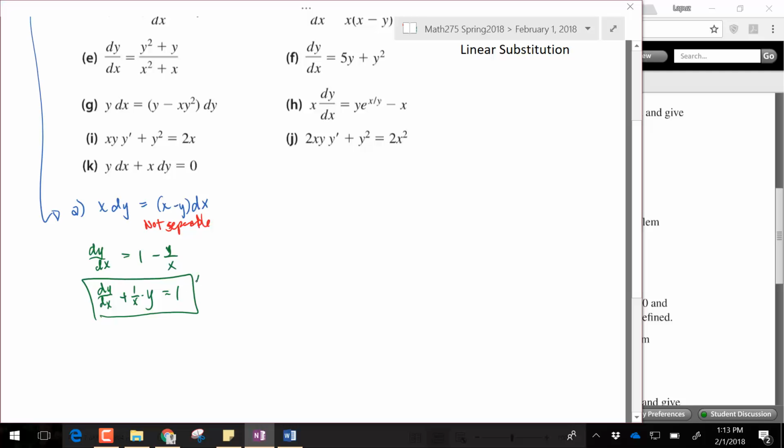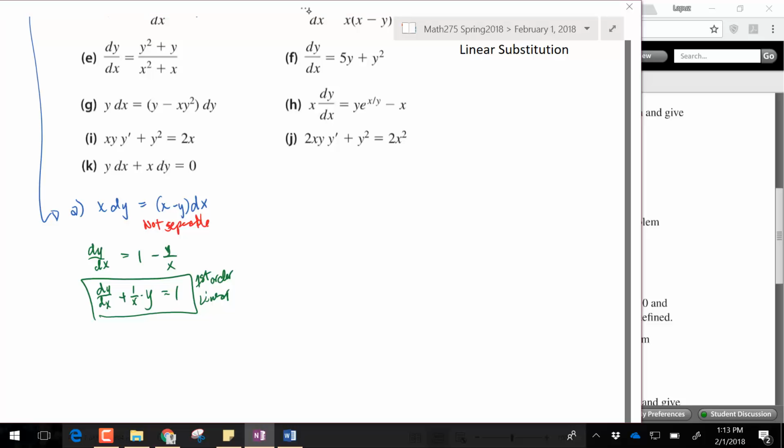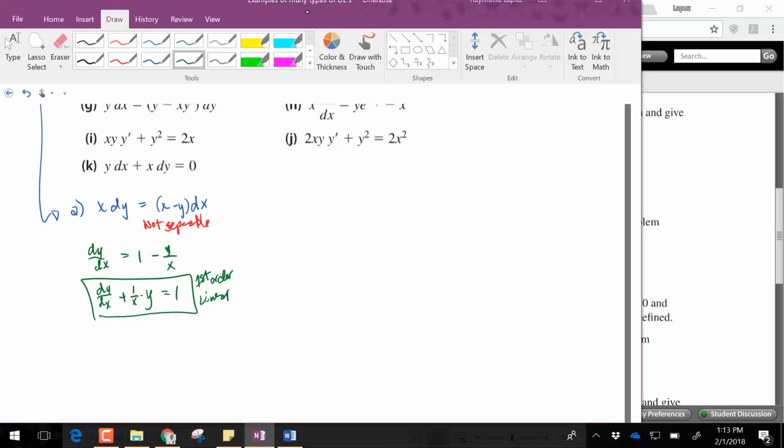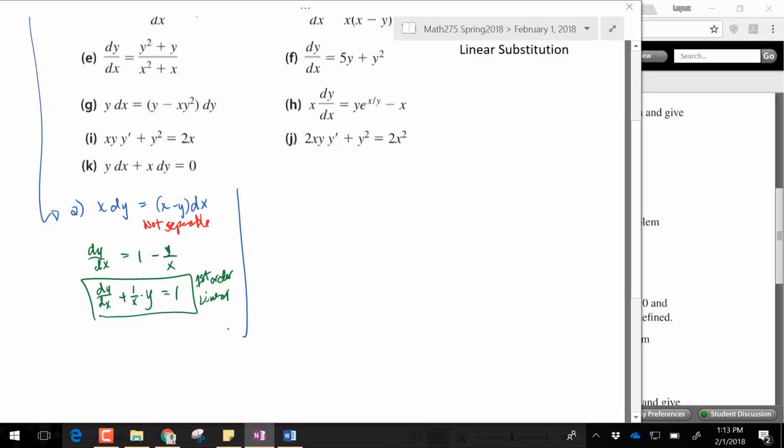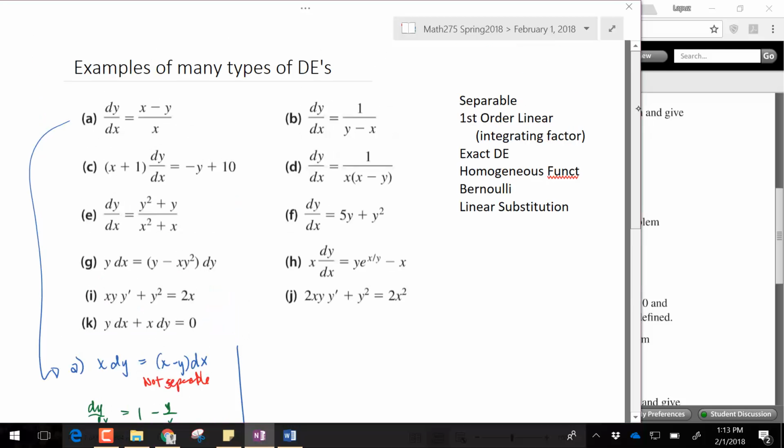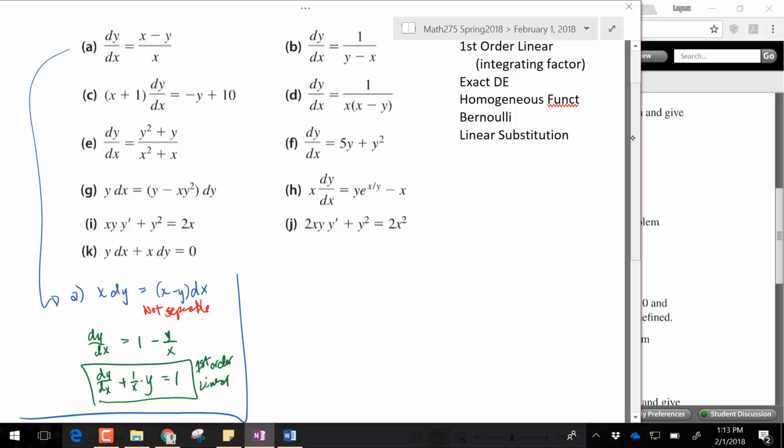From here we can use the integrating factor to solve for this. I'm not interested in solving it right now. Let's move on to another problem and see if we can determine what kind of differential equation it is.